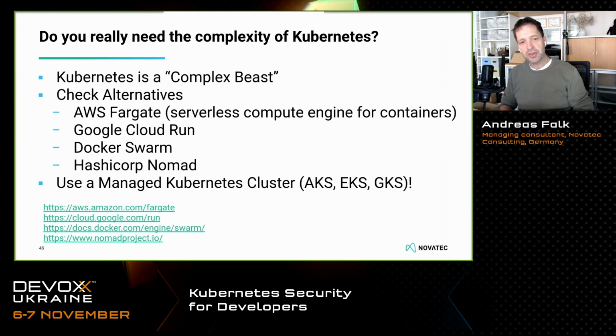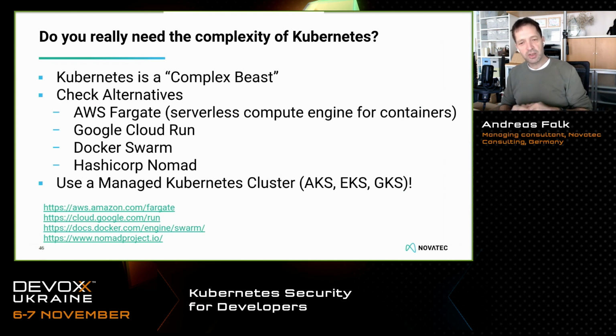Don't use root as user in a Dockerfile, and then just push that container into Fargate, and AWS deals with the rest. You could also use Google Cloud Run, which offers the same. You could still use Docker Swarm, which is not that prominent anymore because of Kubernetes. Another alternative would be HashiCorp Nomad.